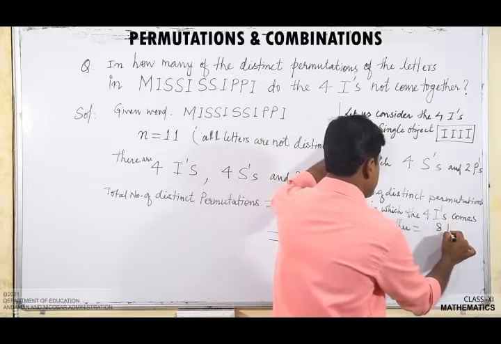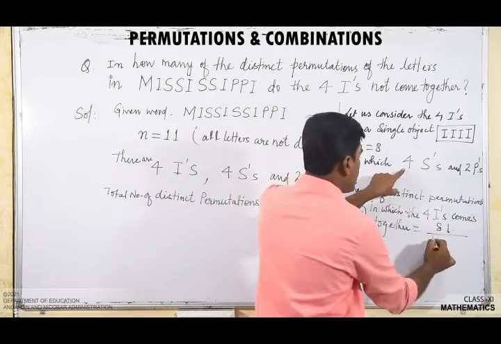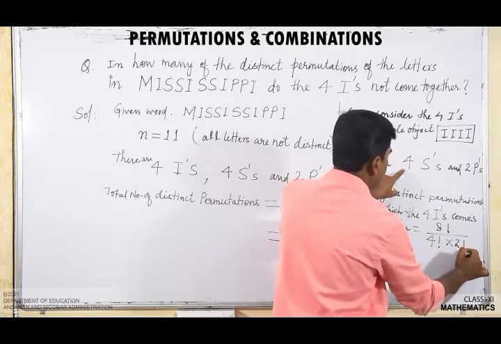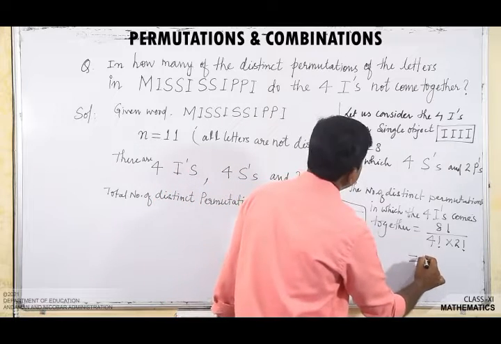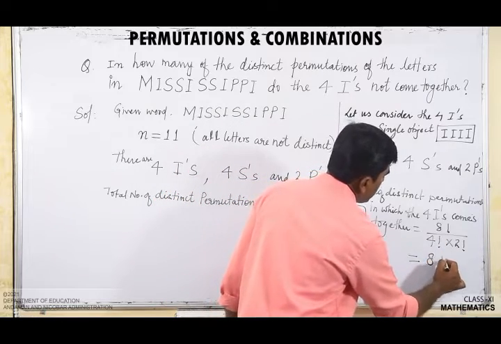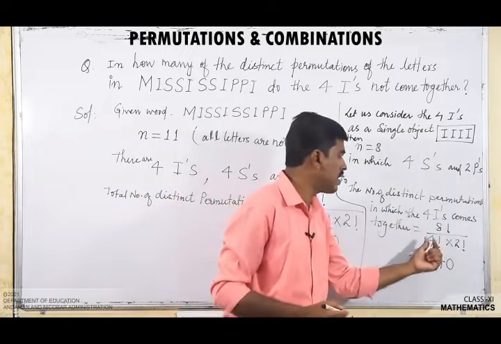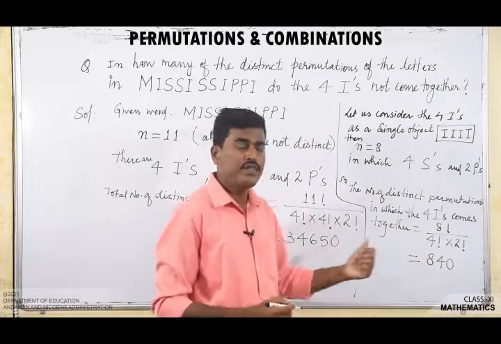So it is equal to 8 factorial divided by 4 factorial, as there are 4 s's, and 2 factorial, as there are 2 p's. If we simplify this, we will get 840.